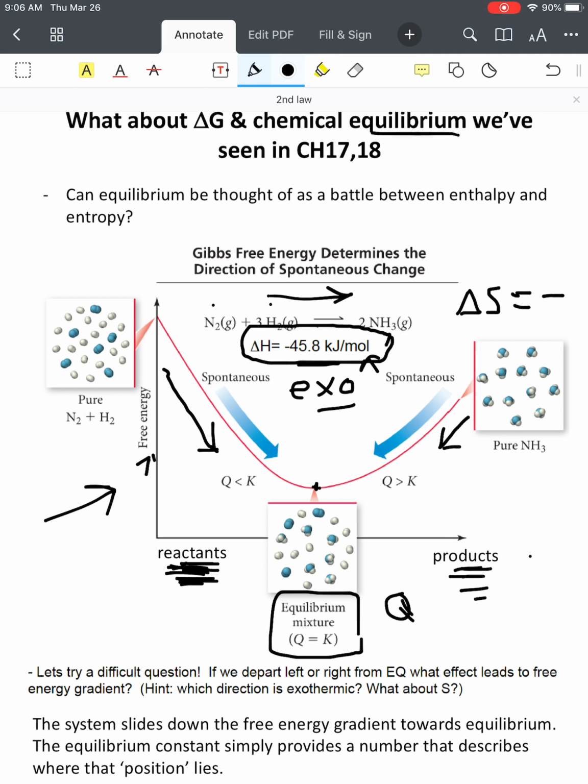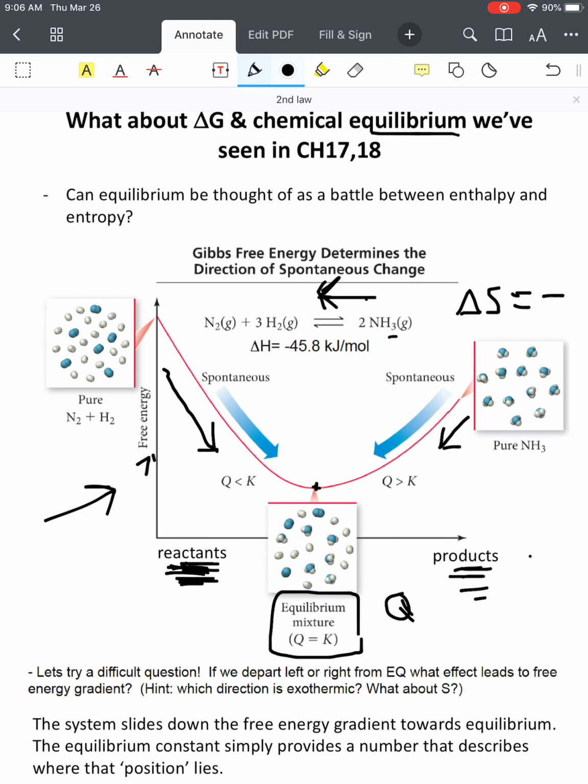But what about if we're product heavy on the alternate side, the right side? What's our driving force there? Well, if we're product heavy, what's going to happen is we're moving from right to left, aren't we? We're going to be taking our ammonia and making some more of these guys. What drives the establishment of equilibrium there?